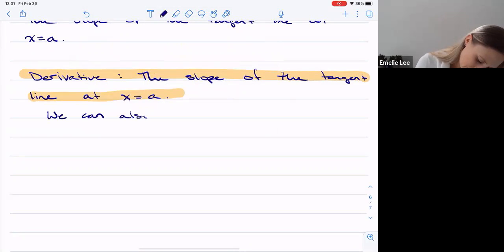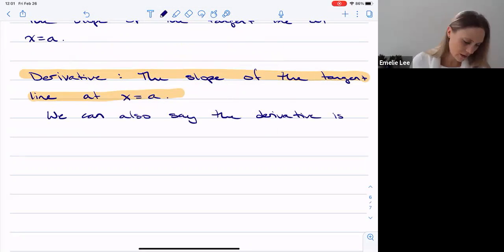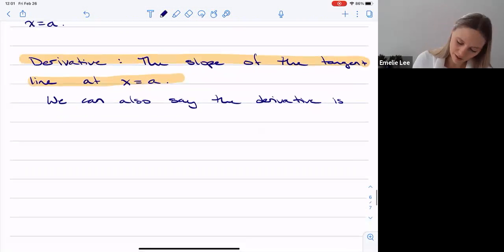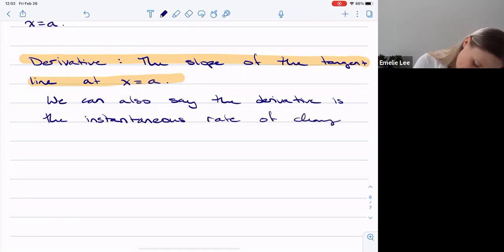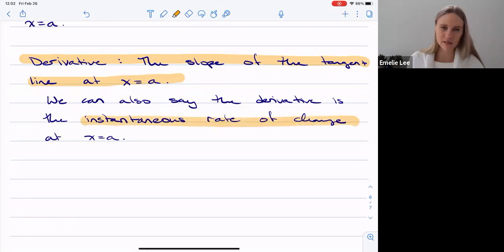We can also say the derivative is the instantaneous rate of change at x equals a. And I'll just highlight that.